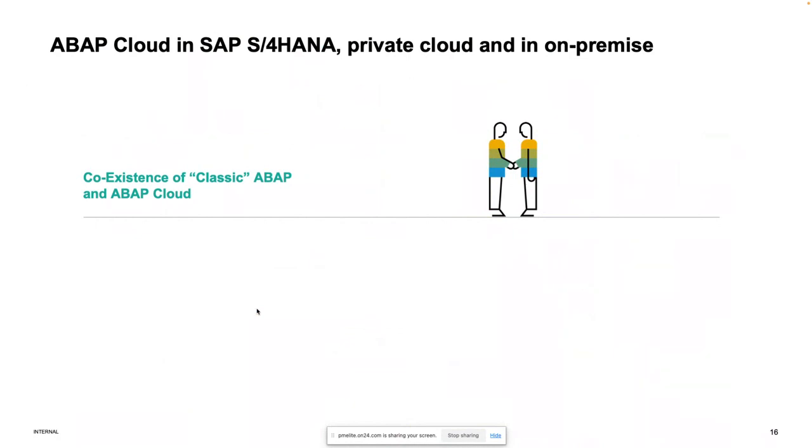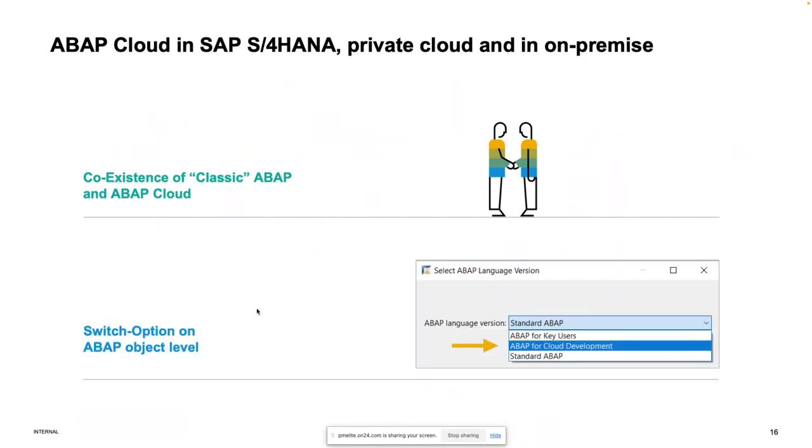This still works, of course, in private cloud and in on-premise systems. But beginning with the 2022 release, you also have the ABAP Cloud option, which gives you the possibility to build more upgrade-stable code, because if you follow the ABAP Cloud rules, you're forced to use those stable APIs, and those won't change in the on-premise world either, which gives you quite a help there.